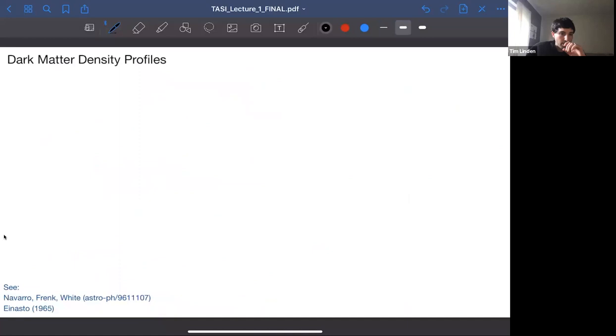Now, just to get into a little bit more of the history and a little bit more of matching observations and doing simulations, what are some of the dark matter density profiles that are actually used and actually fit all of the data we see? For the purposes of this talk, I've assumed a totally constant dark matter density, or something that is just 1 over r squared from the calculation of rotation curves at long distances.